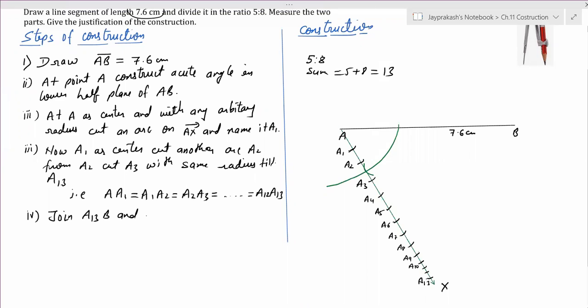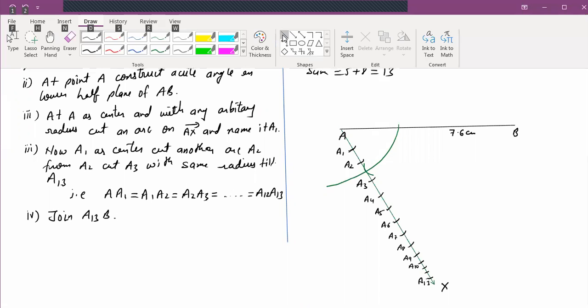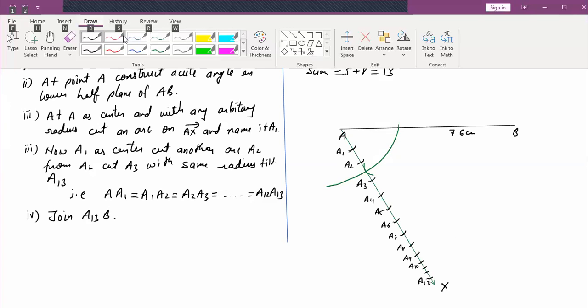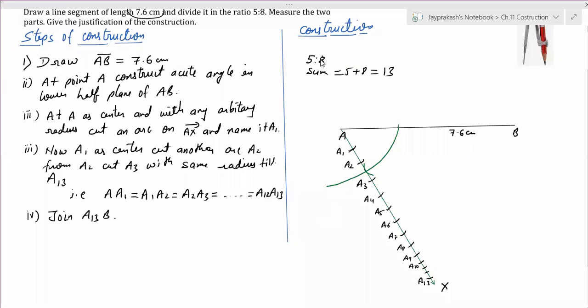Take out your ruler, from A13 join to B. So this one is A13 to B.